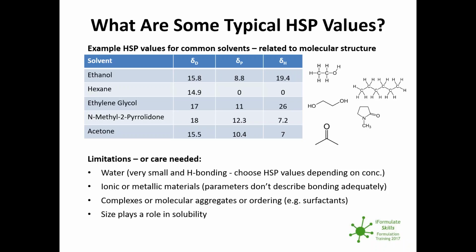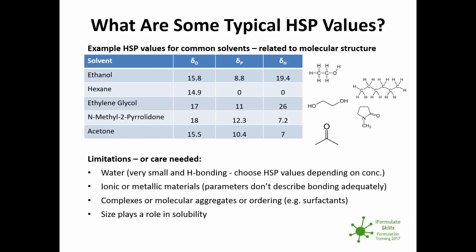Now we talked about these numbers, and that's been rather abstract, so let's look at reality. What are some typical measured HSP values for different solvent molecules? We can see how these numbers relate to the molecular structure by considering a few examples of solvents on this slide here. So let's take them in turn. Ethanol is quite a polar molecule.